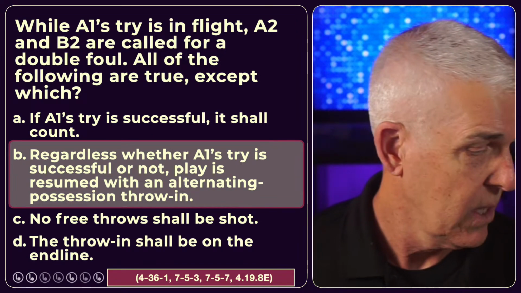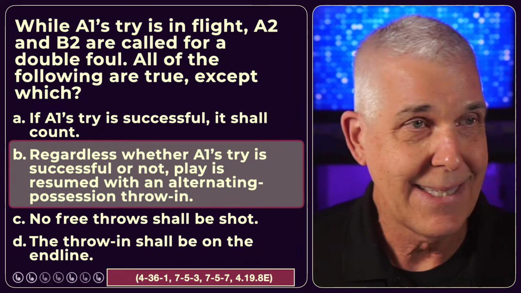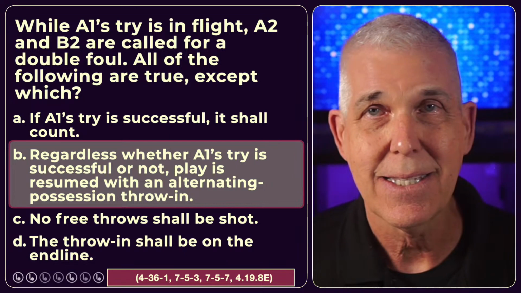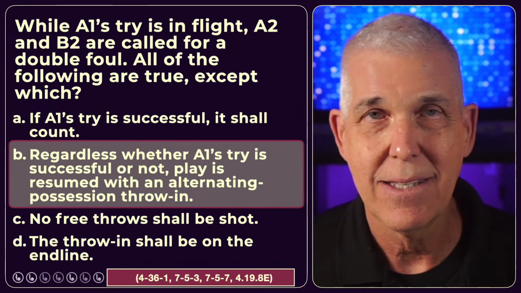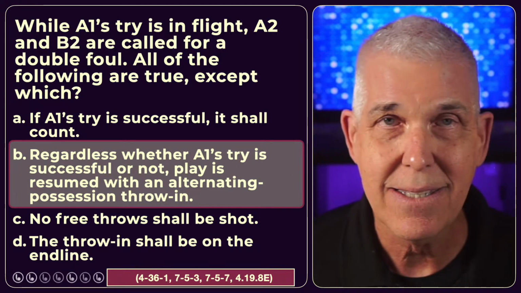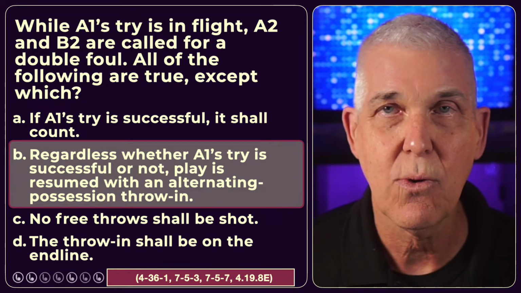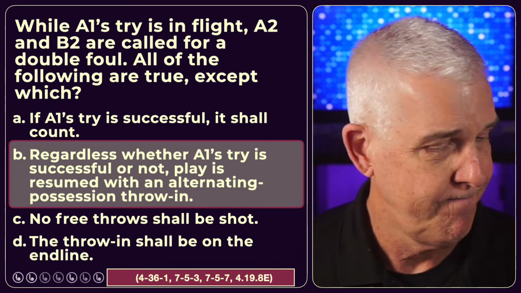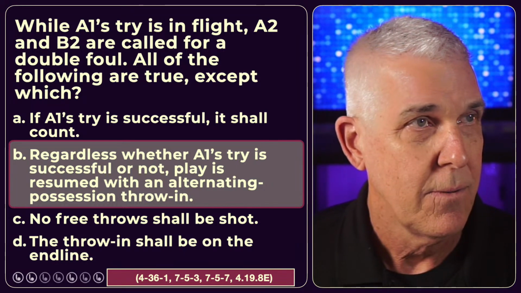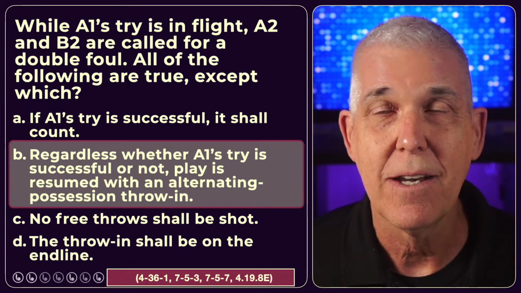Except which? Well, all I could say is B is listed as the correct answer, and it is not correct. Play is not resumed with an alternating possession throw-in if the try is successful. Well, I hope that gets rectified.